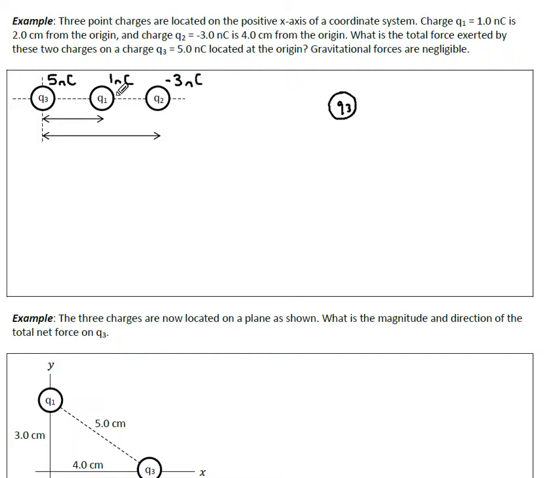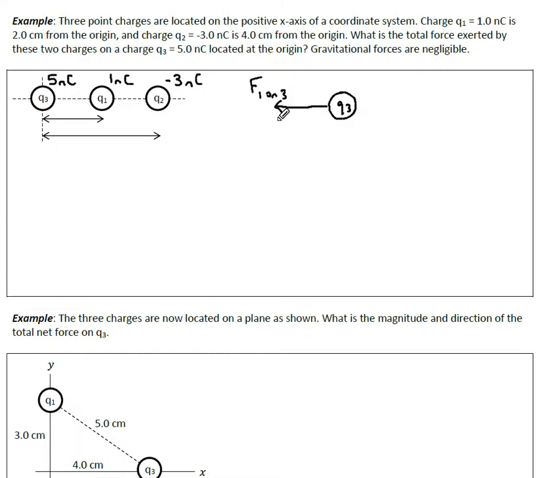Q1 and Q3 are both positive charges. I know that when they are like charges, they repel. So Q3 is going to experience a force to the left. This is the force of charge 1 on 3. So Q1 is going to affect Q3 and try to push it to the left.